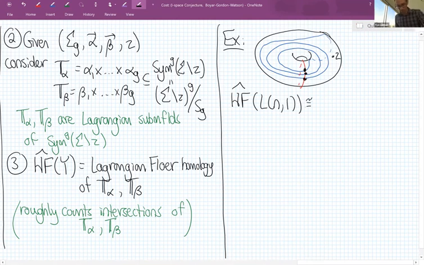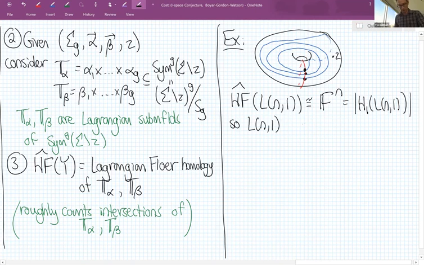And this will be n copies of whatever our base field is, our ground field. And that's exactly equal to the order of H1 of a lens space. So L(n,1) for any n, in particular including S3, is an L space.